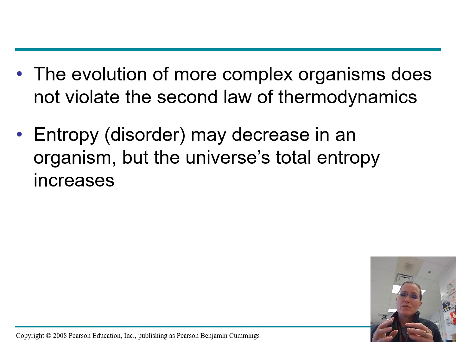That localized organization doesn't counteract the overall disorder in the universe. Sometimes people ask, it doesn't make sense because it's against the natural laws of entropy, so why should things become more orderly? Because that's the way evolution works. We became more complex because that's how survival of the fittest works. We'll talk about natural selection in the spring.